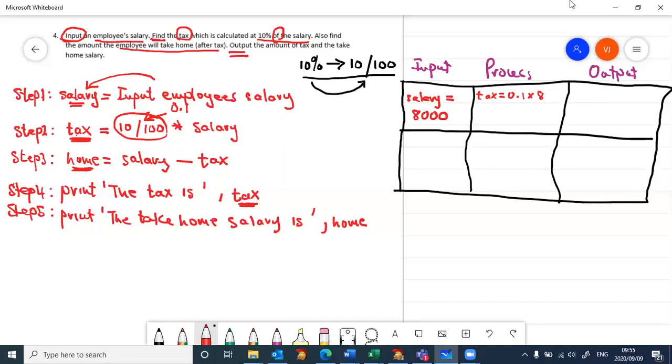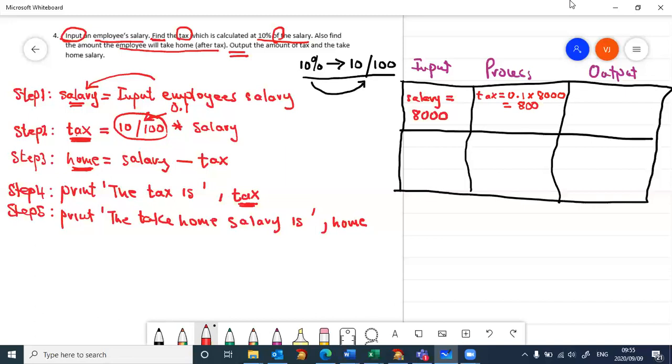And the salary we have is 8,000. So there's the salary, 8,000, 0.1 times 8,000. If we put that into a calculator, 0.1 times 8,000, we know that there's a decimal point that moves 1 to the left, and we're going to end up with an amount of 800. So the tax is 800.